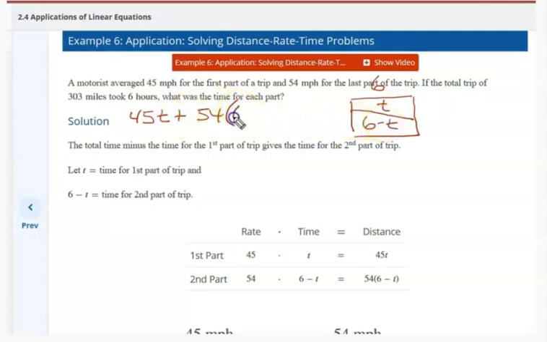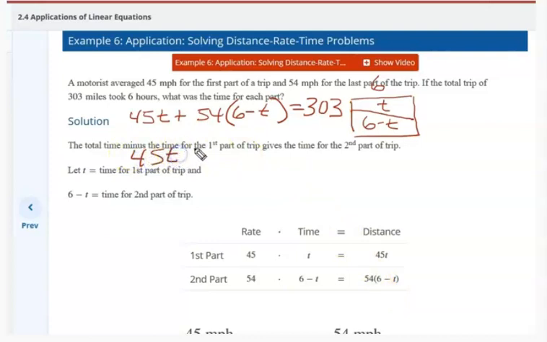Well, it's 6 minus t, and that total trip was the distance of 303. So now we have rate times time, rate times the other time, and that equals the total distance. And that's what they're showing down here.